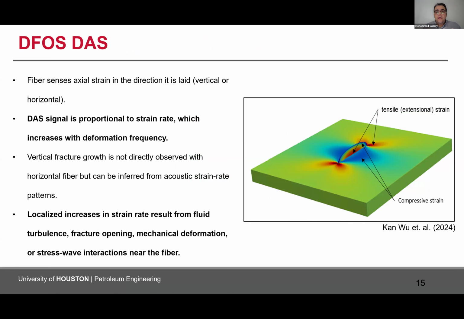So if this frequency increases, that means we intersect a natural fracture or activate fracture opening, mechanical deformation, turbulence in flow, or stress wave interaction near the fiber. The vertical fracture growth we cannot observe in a horizontal fiber, but it can be better inferred from the acoustic strain rate.